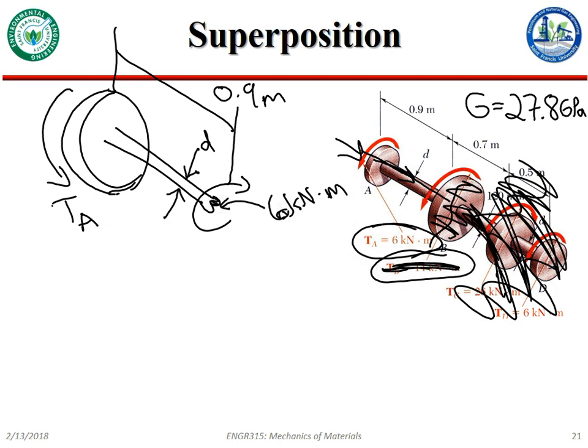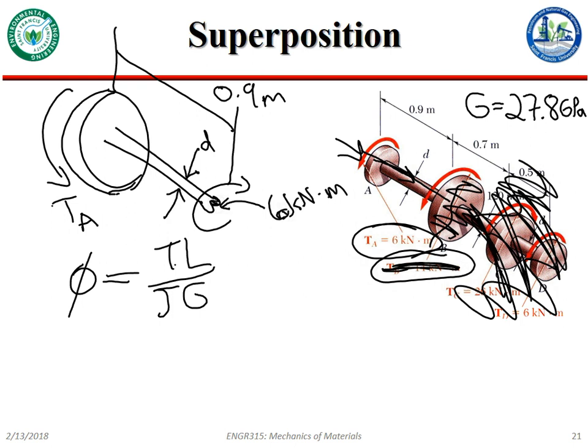So we have modulus of rigidity, we have a torque, we have a length. I'm looking at the equation for angle of twist, TL over JG.